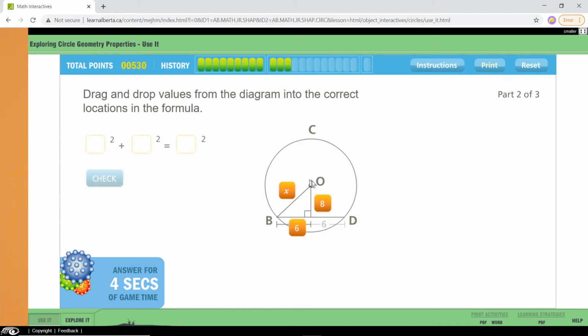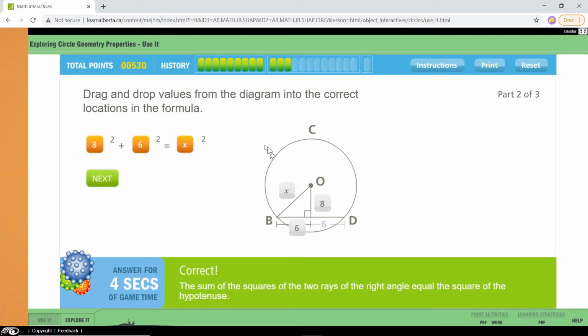Alright. So x is the hypotenuse, therefore on this side of the right angle, the square is equal to the square of the hypotenuse. Therefore, the sum of squares of the two sides of the right angle equals the square of the hypotenuse.